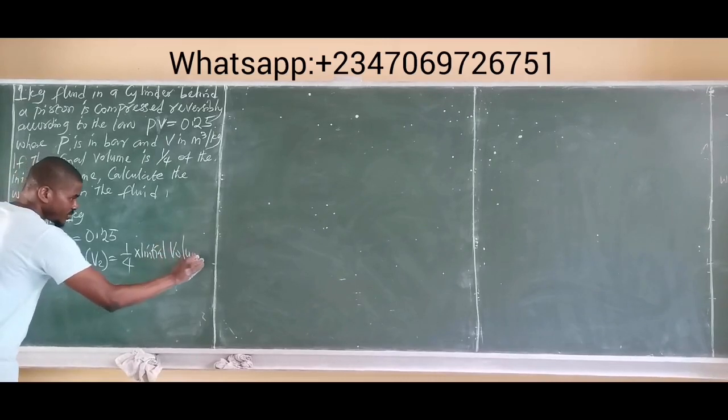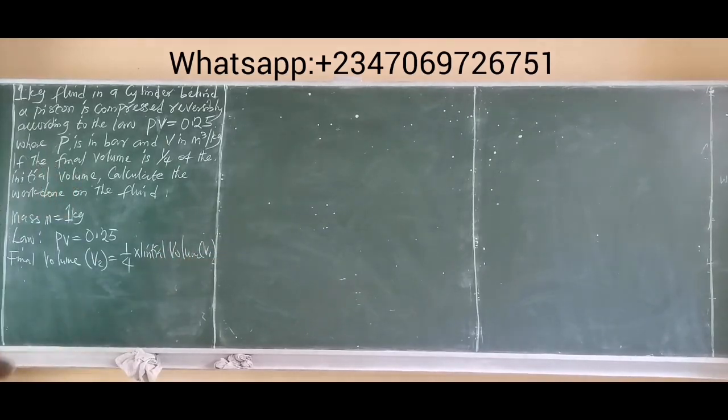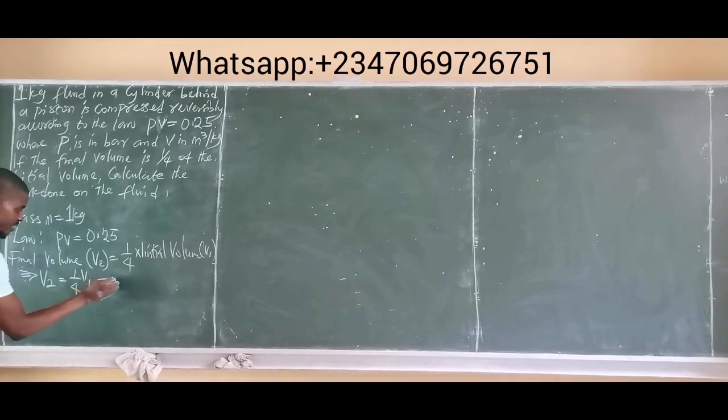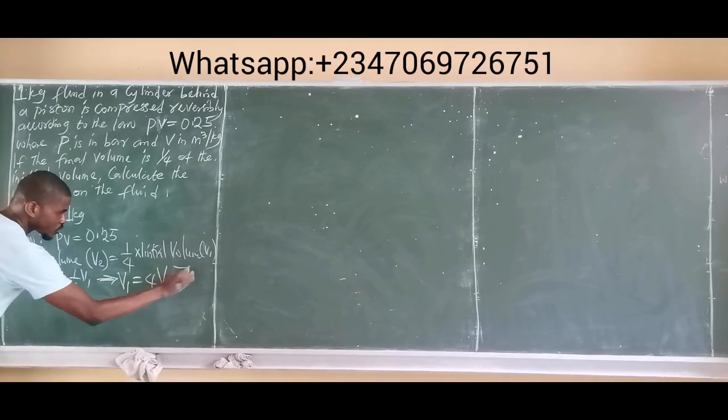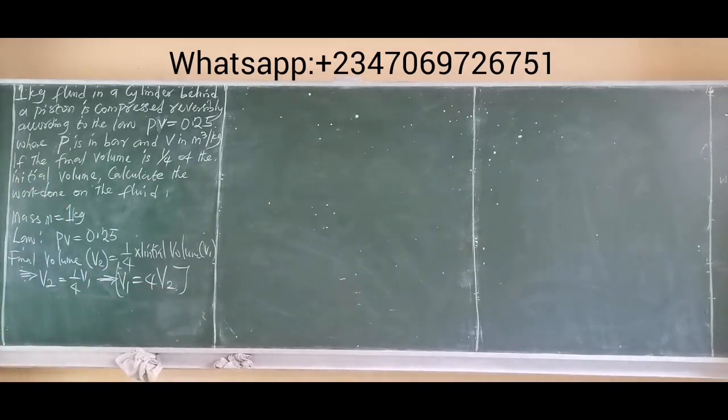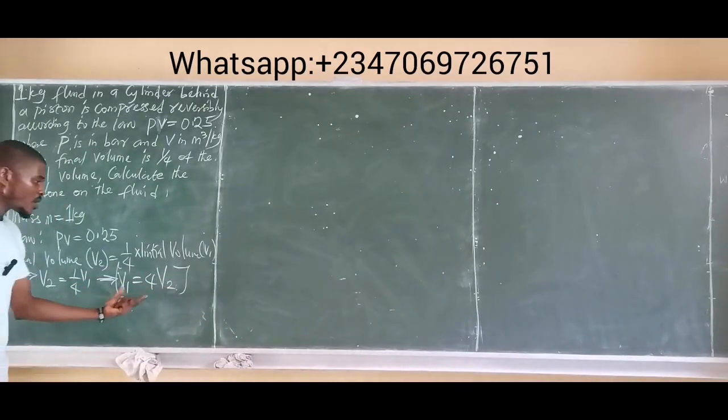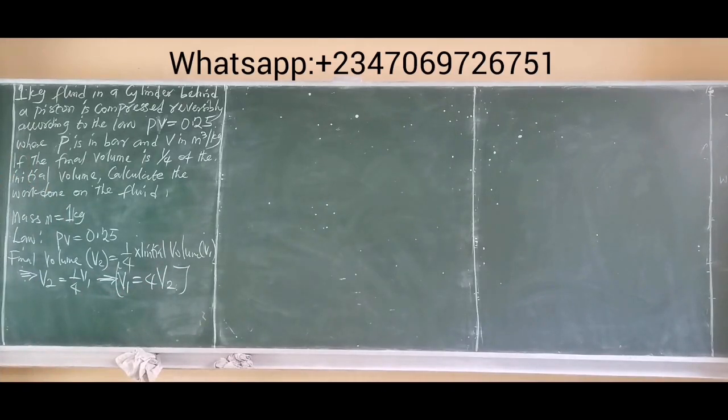Initial volume happens to be V1. So you're simply saying that V2 is equal to 1 over 4 times V1. So conversely, this simply implies that V1 is equal to 4 V2. So keep this condition in mind. They are simply saying the initial volume is simply 4 times the final volume.